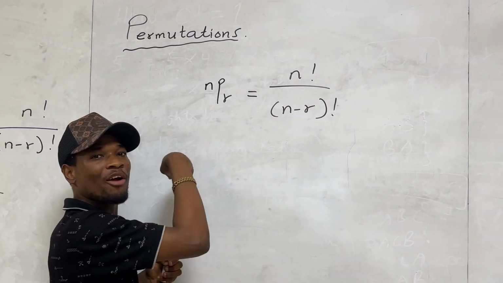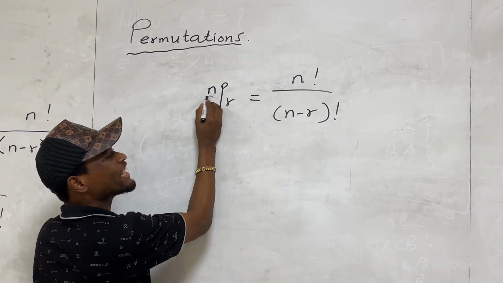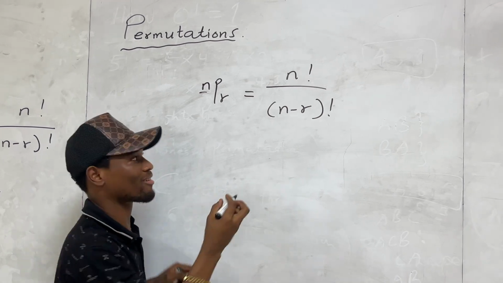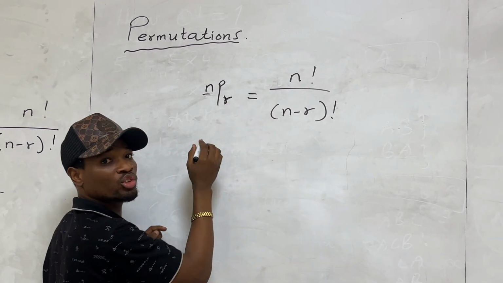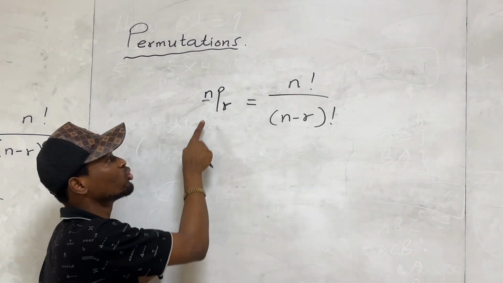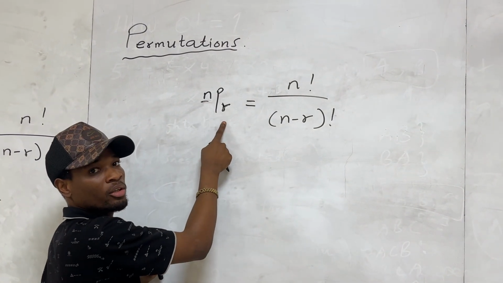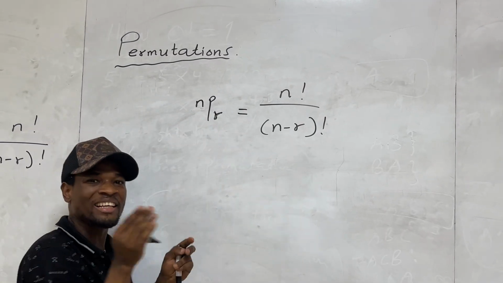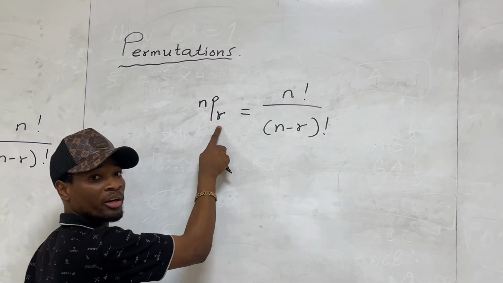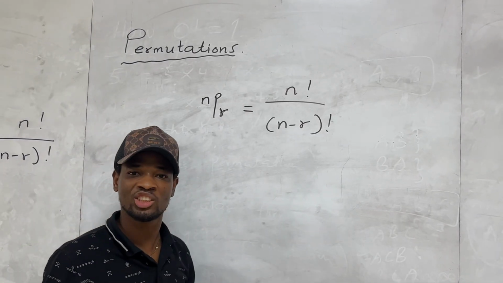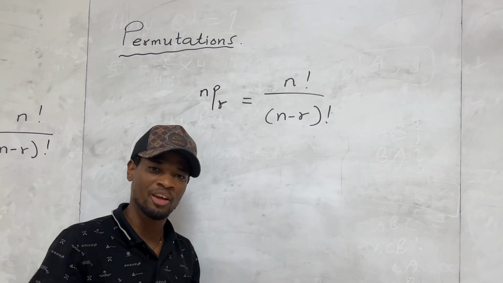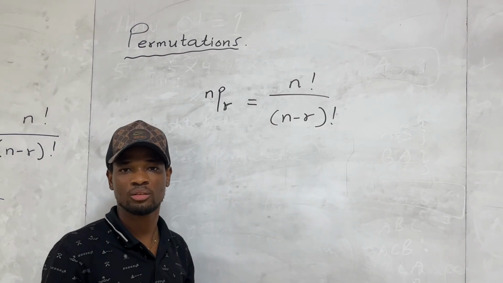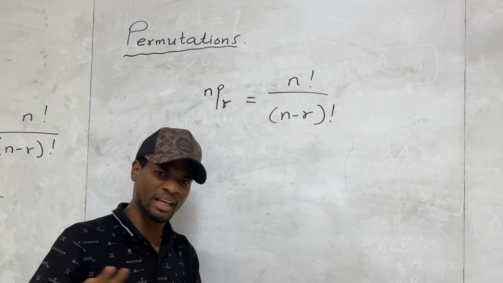Here we are arranging n number of items, taking at a time r. Very soon you'll be able to distinguish between the n and the r. So we are arranging some number of items taking at a time r, without repetition. We have permutations with repetitions, and we have permutations without repetition or restrictions. We are going to dive into those aspects.